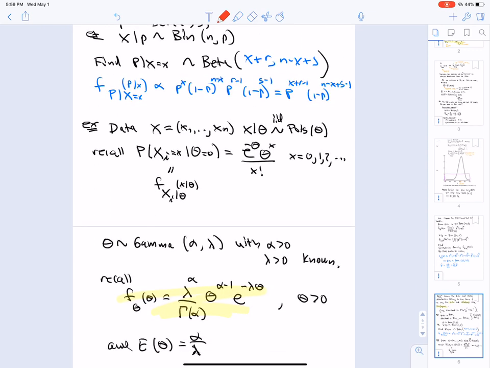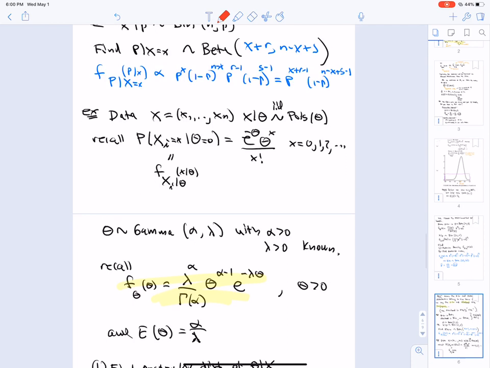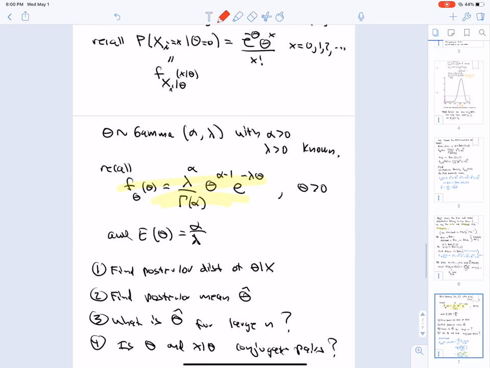So here's another example. If you have data x1 to xn that's Poisson, so the likelihood here, I've written out the probability mass function, and our prior is going to be gamma, say Gamma(alpha, lambda), and I've written out that density, and I've also reminded you what the expectation of a gamma is.